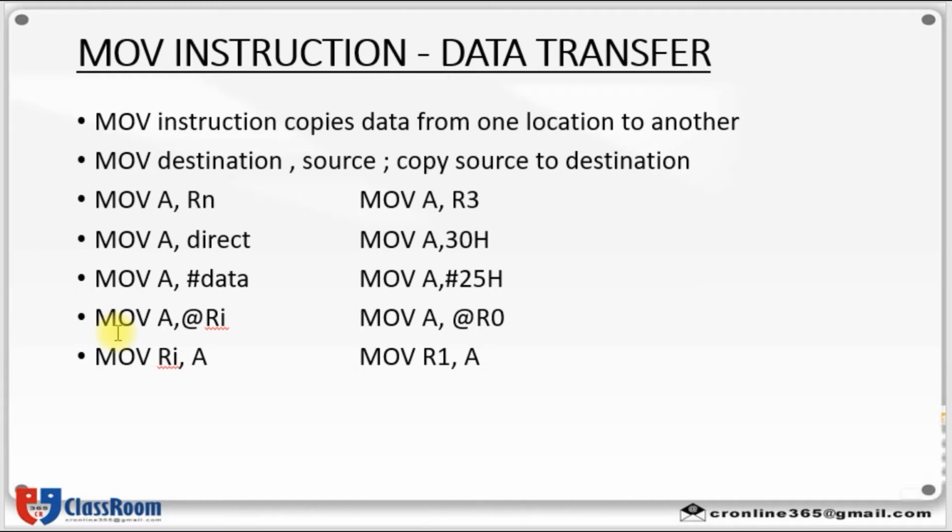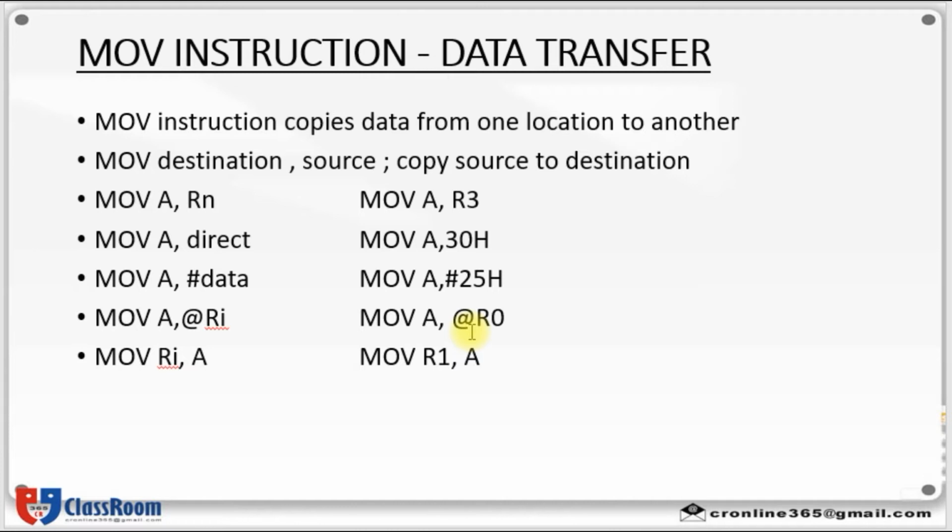Then the fourth addressing mode is move A, at Ri. This comes under indirect addressing mode. For example, we can write it as move A, at R0. You can also write move A, at R1, move A, at R2 and so on up to R7. This means that R0 is pointing to some address.